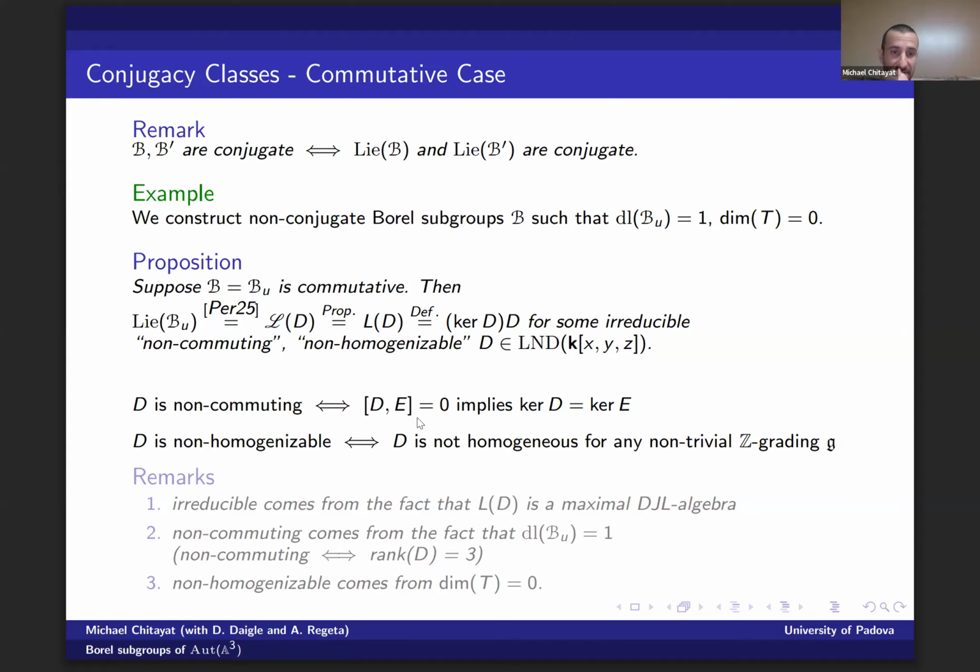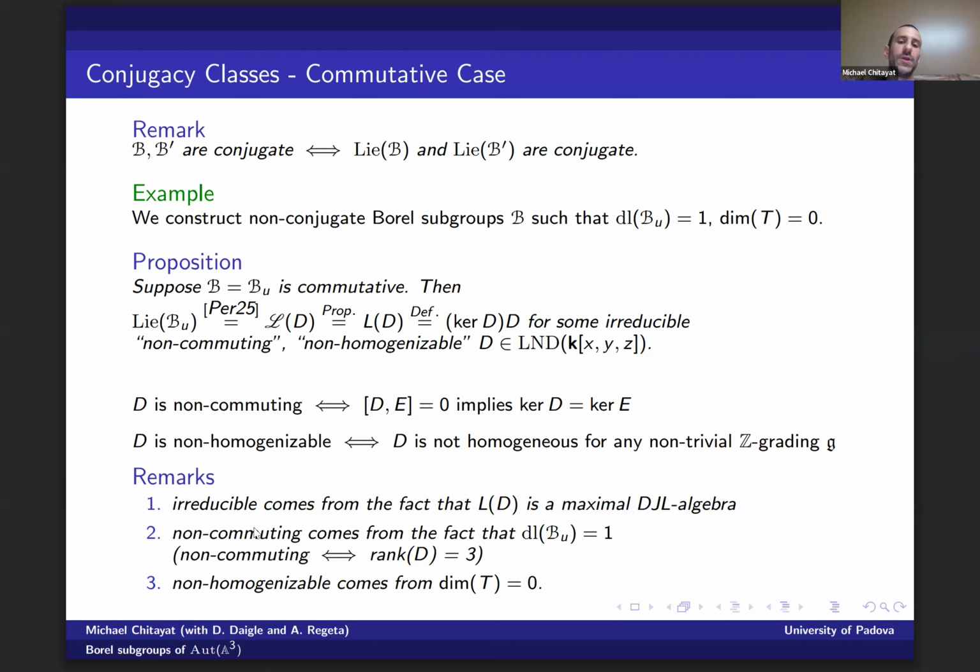So where are these conditions coming from? The fact that D must be irreducible comes from the fact that this LD is maximal. If D were not irreducible, you can hook up a bigger Lie algebra by including the irreducible guy with the same kernel.